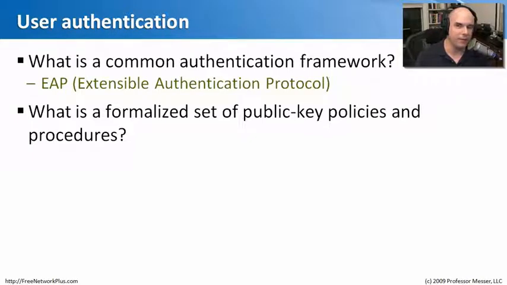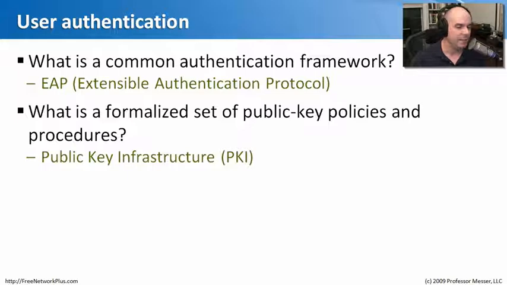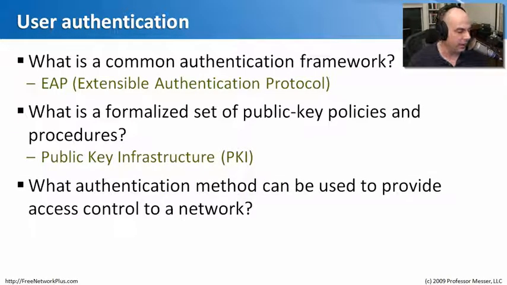Something that we might have already in place so we can handle all the changes that might go on in our environment, and that is a public key infrastructure, or PKI. And lastly, what authentication method can be used to provide access control to a network? And a very common way to do that, something we see all the time these days, is IEEE's 802.1x standard to be able to authenticate to the network.